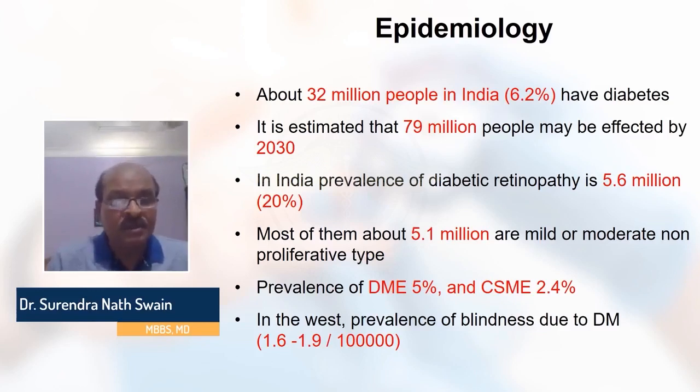Prevalence of diabetic macular edema is 5%, and CSME, clinically significant macular edema, is 2.4%. In the West, the prevalence of blindness due to diabetes mellitus is 1.6 to 1.9 per 1 lakh of population.